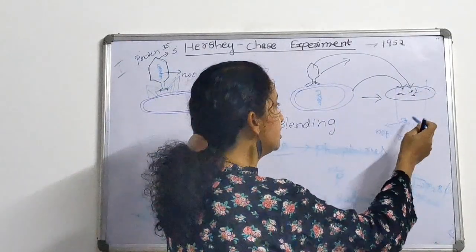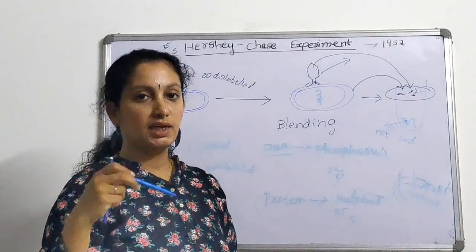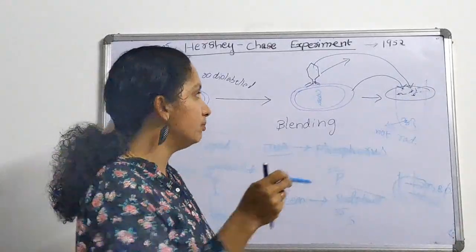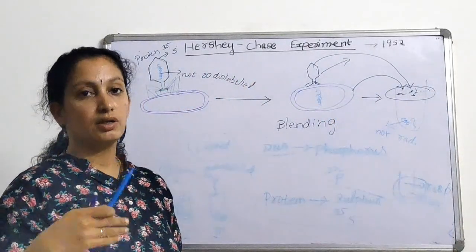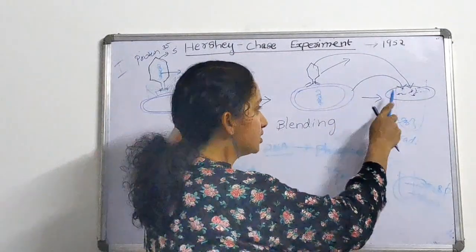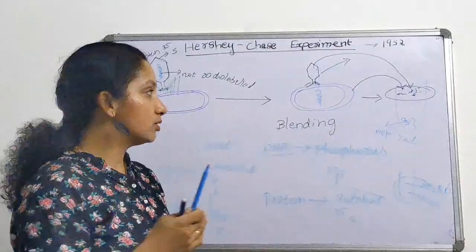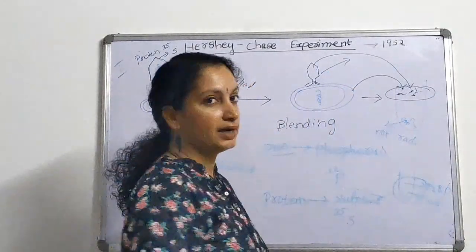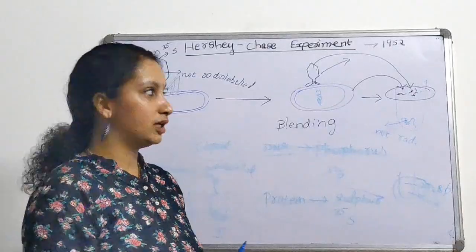Only the genetic material enters and replicates, and many viral particles are formed if you leave it for a longer incubation period. Later we do the centrifugation process to isolate these two parts separately according to the density gradient centrifugation.